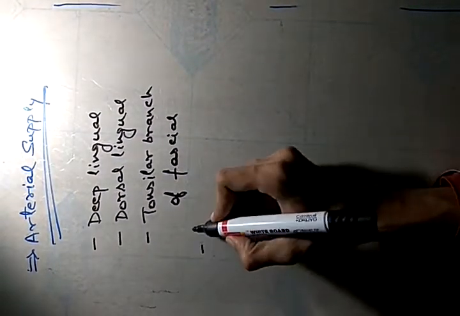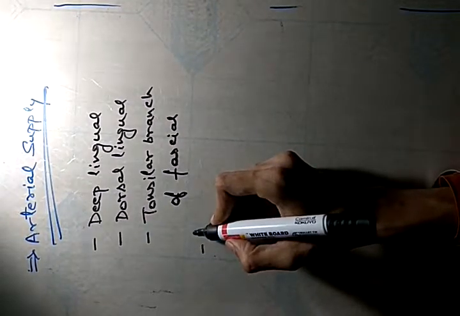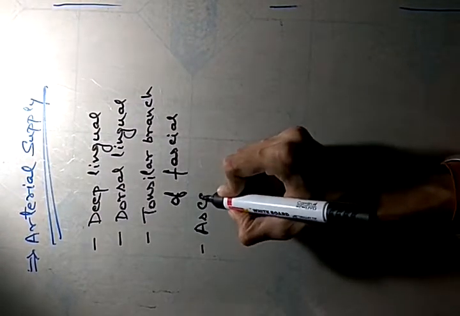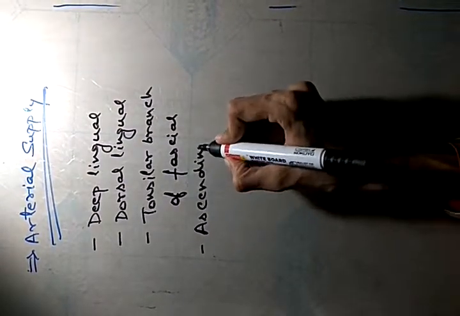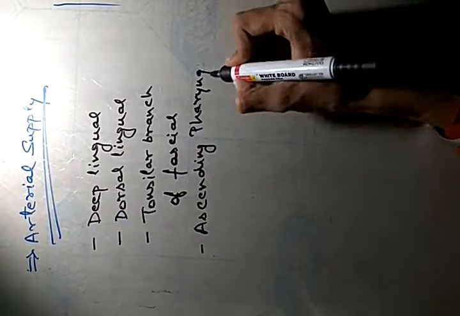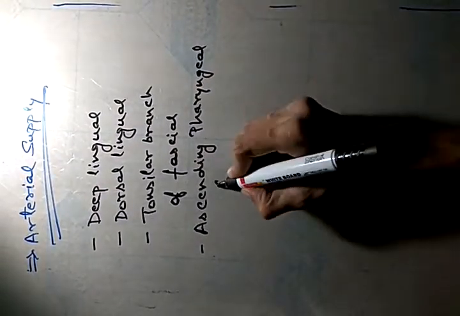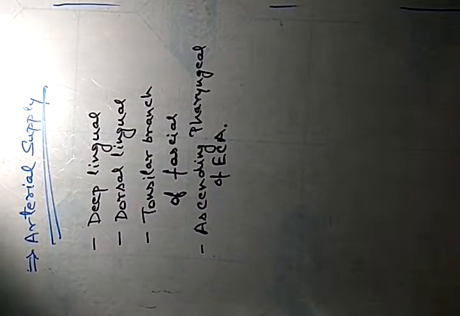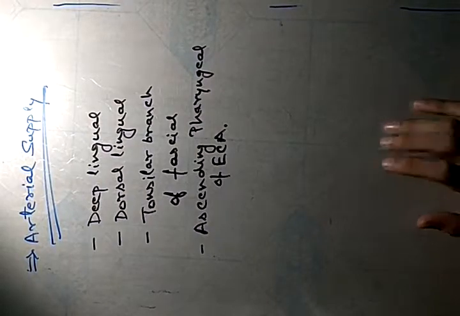And the fourth one is ascending pharyngeal of external carotid artery. Okay, so these are the 4 main arteries that supply our tongue. I have already done 2 videos on nerve supply, that is motor supply and sensory supply separately, of tongue, so watch them as well.